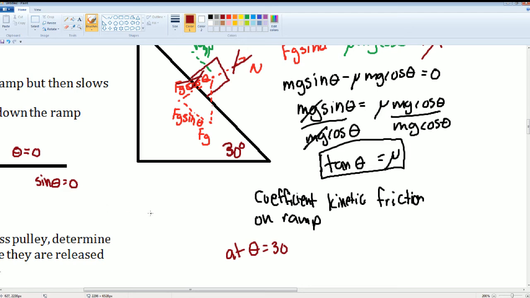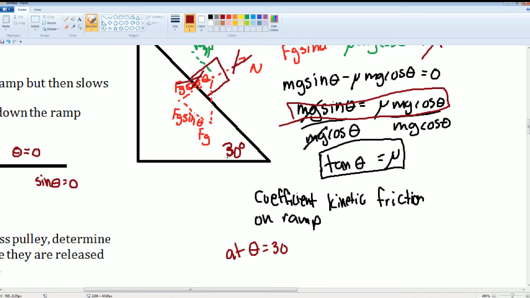You would have to do sine of 30. Let me grab a calculator. If you put sine of 30 in your calculator, something should occur. So right here at this step, I'm going to do something.